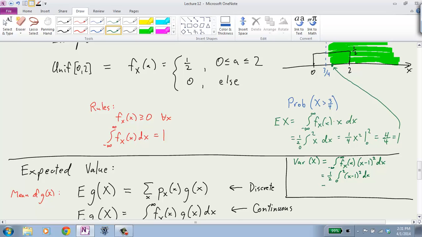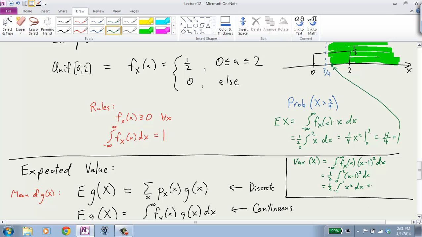Okay, and this is going to be, well, whatever. All right. I'm going to do from negative 1 to 1 of x squared dx. If you don't like that step, go do a u substitution.